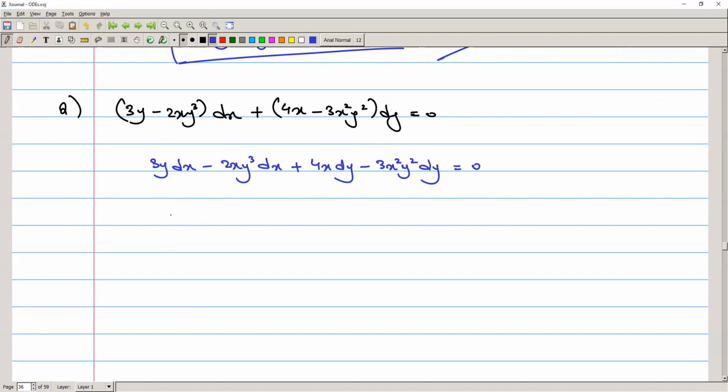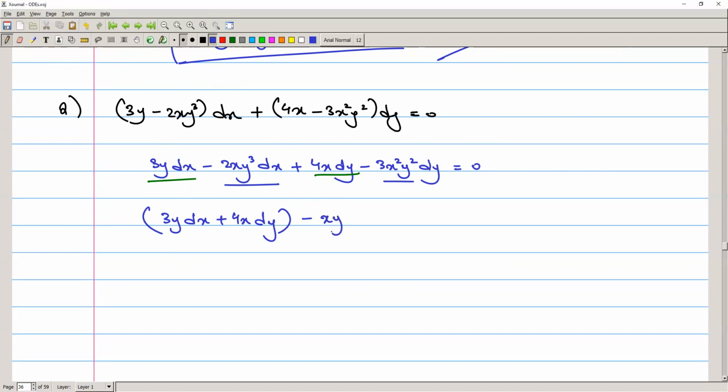And now we can write this equation in this way: 3y dx plus 4x dy, this one with this one, and then we have minus, we can take common here. What we can take common is y squared, so xy squared we can take as common.